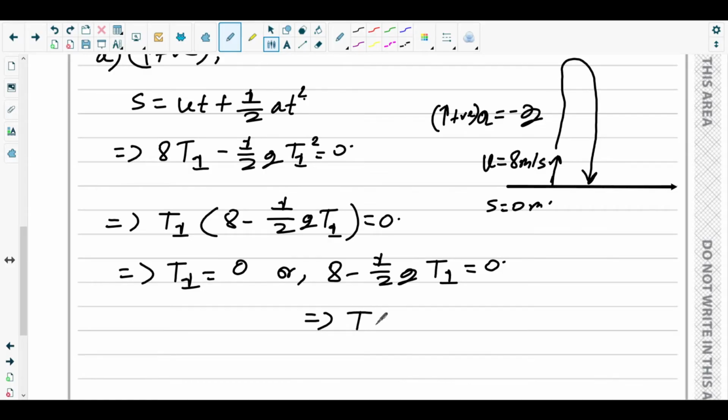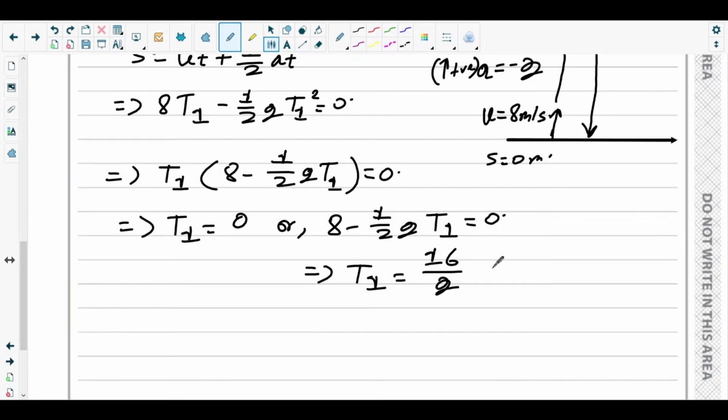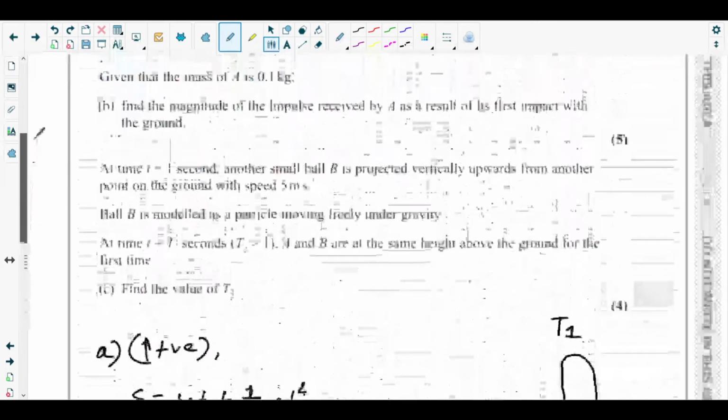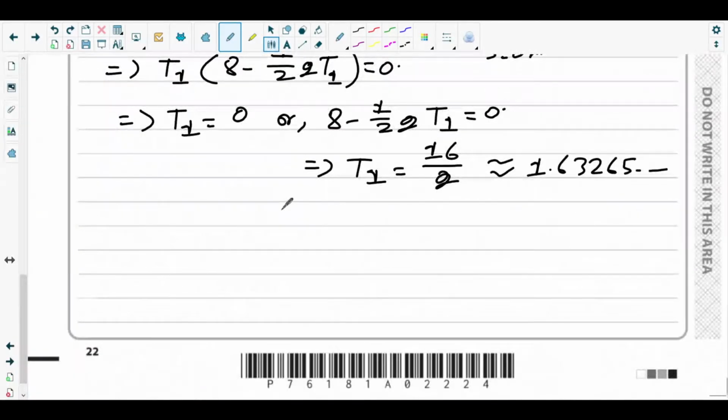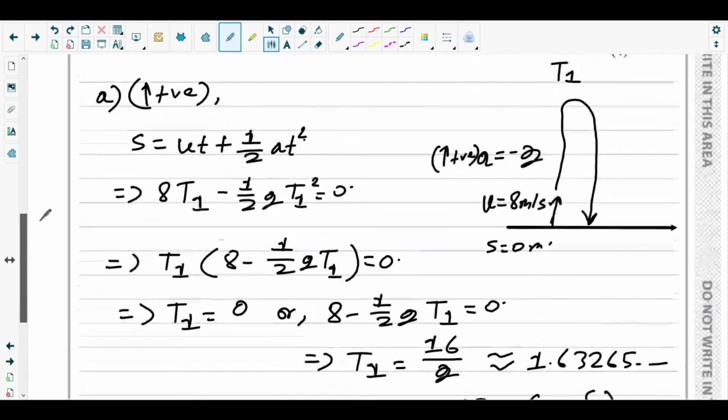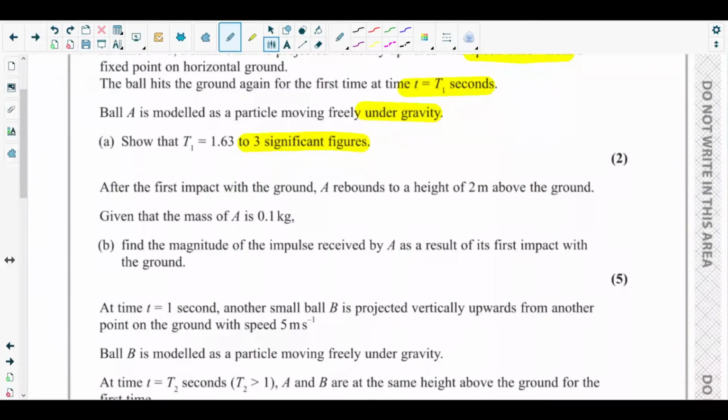We need the value for t1, so t1 would be 16 over g. 16 over 9.8 gives 80 over 49, which is 1.63265 and keeps going. Did they ask us to show that? We just need to show that t1 can be written as 1.63 to 3 significant figures. That's exactly what part A of question number 7 has asked for.